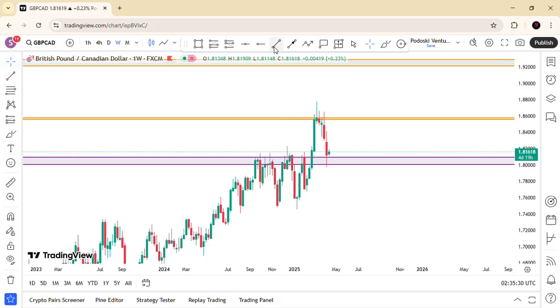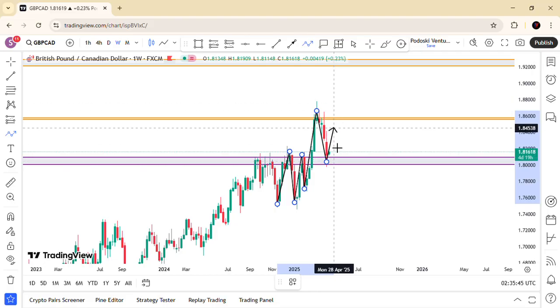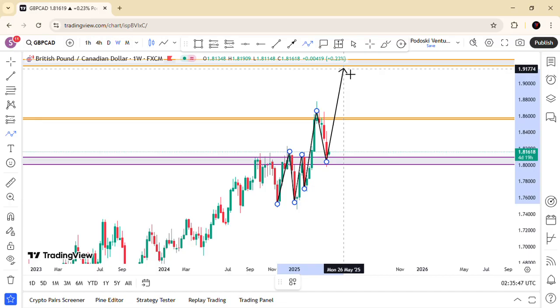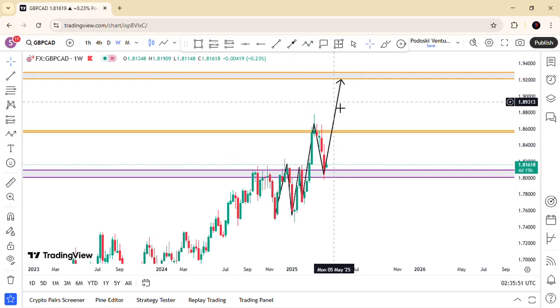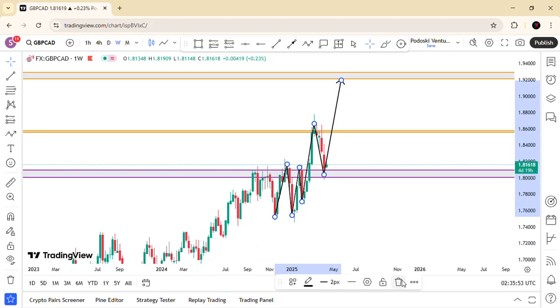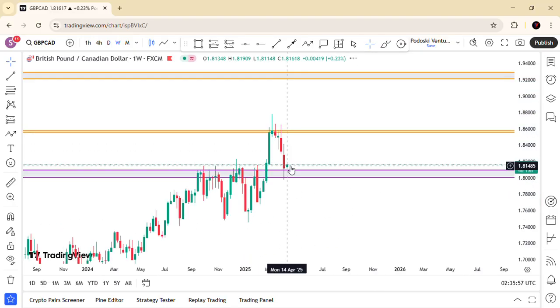So here we have a higher low, higher high, equal low, equal high, a lower low, then a new lower high, and we are seeing a lower low. What we should be looking for is price moving to the upside, creating a new high.